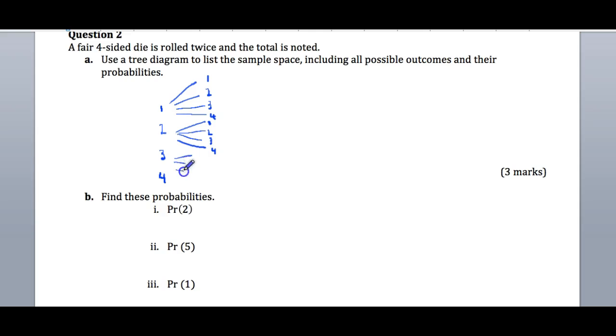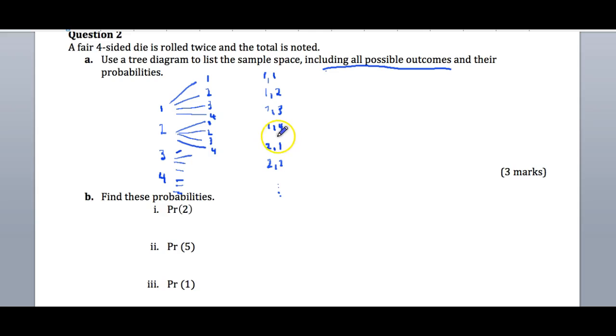So then you do the same for 3 and the same for 4. Okay, so 1, 2, 3, 4. And your outcomes, so we have to include all possible outcomes. So we should have on the end 1, 1, 1, 2, 1, 3, 1, 4, then 2, 1, 2, 2, and so on.